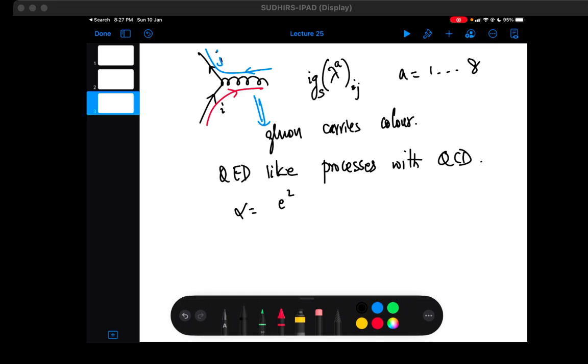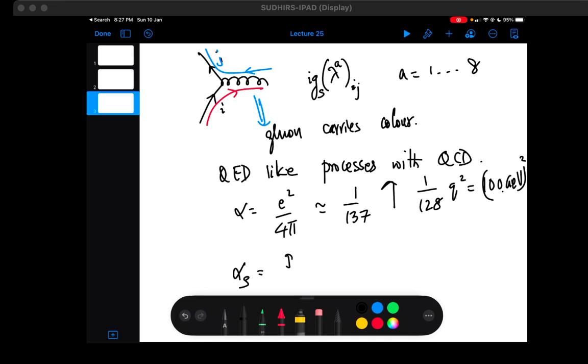It is around 1 by 137, and it can of course increase to 1 by 128 at M_Z squared, meaning at scales of hundreds of GeV. Now alpha_s, the strong coupling constant, g_s squared by 4 pi, is 0.112.